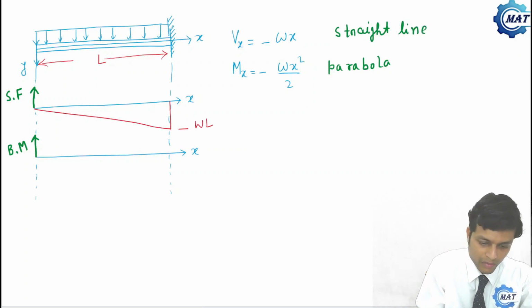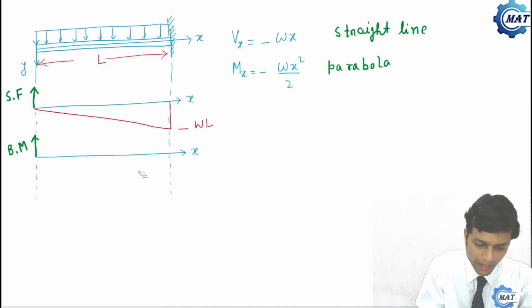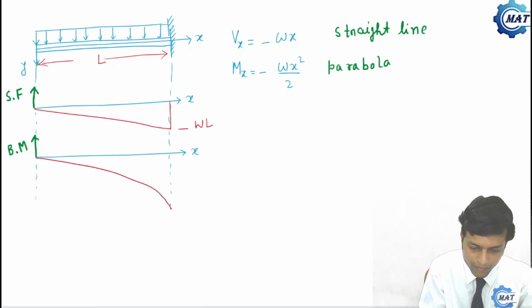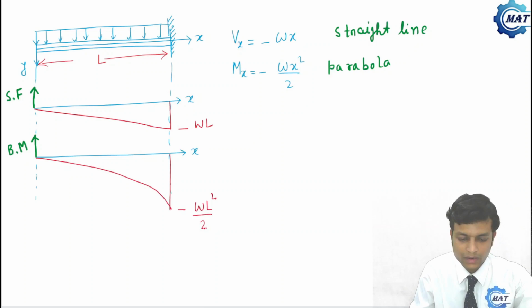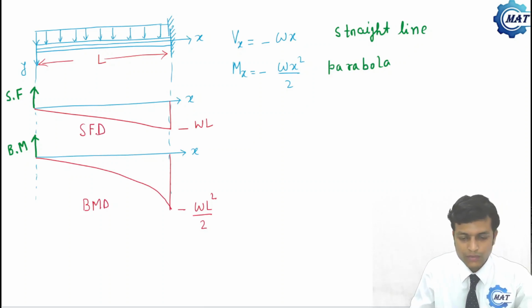Now the parabola will be like this. So minus wL square by 2. This is the bending moment diagram and this was the shear force diagram. So we have drawn both shear force and bending moment diagrams for this cantilever beam.